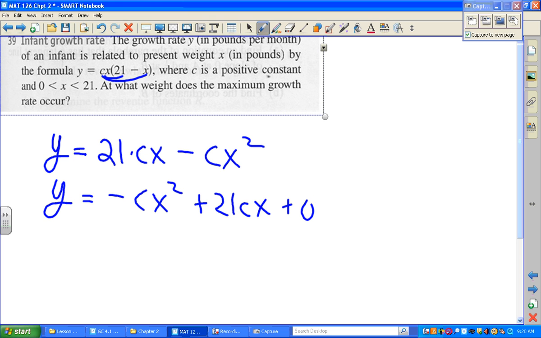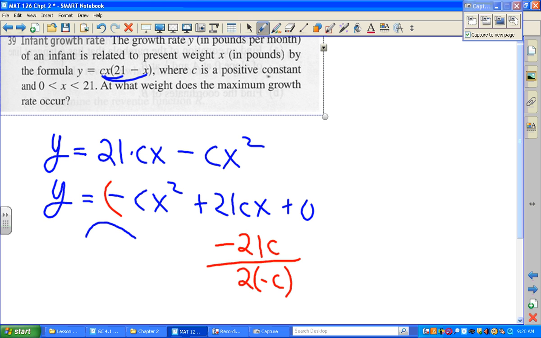A is negative, so that means it's going to open down, which means it'll have a maximum. How do you find the maximum? Right, you take the opposite of B, opposite of 21c, over 2a. There you go. The C's obviously will divide off, won't they?